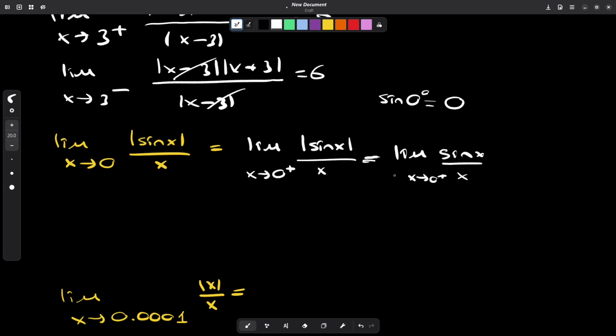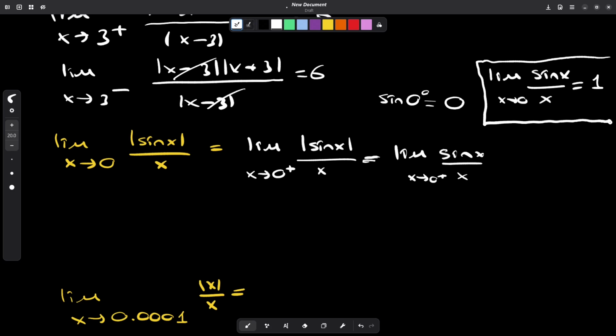The first thing that comes to mind is squeeze theorem, or we can just remember our special limit. This limit is special for us. It's equal to 1. Let's not prove this in this video. When I approach it from the right side, it came out positive from the absolute value, which is 1.